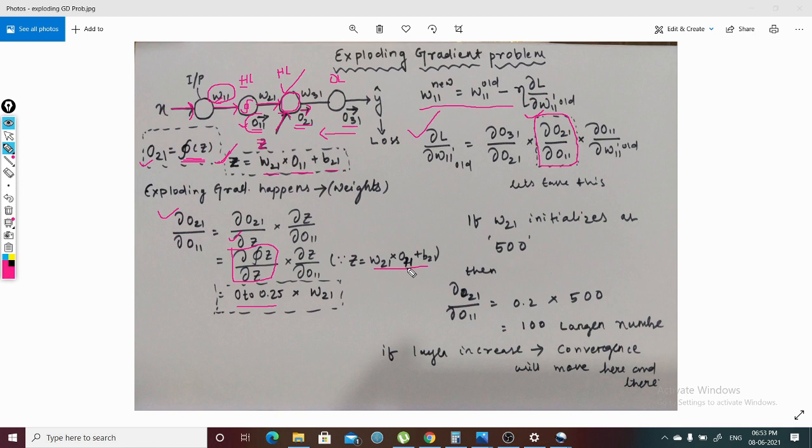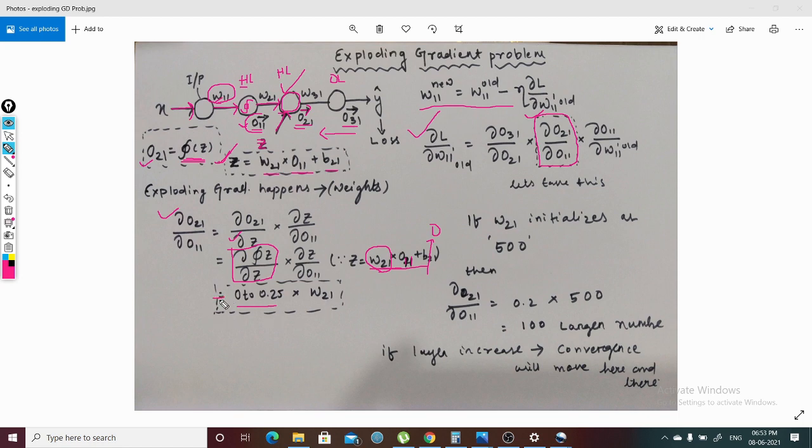As you know from the simple derivative, the bias is constant, so it will be zero. And this particular value with respect to O11 is nothing but the weight, which will be left out if you take the simple derivative.